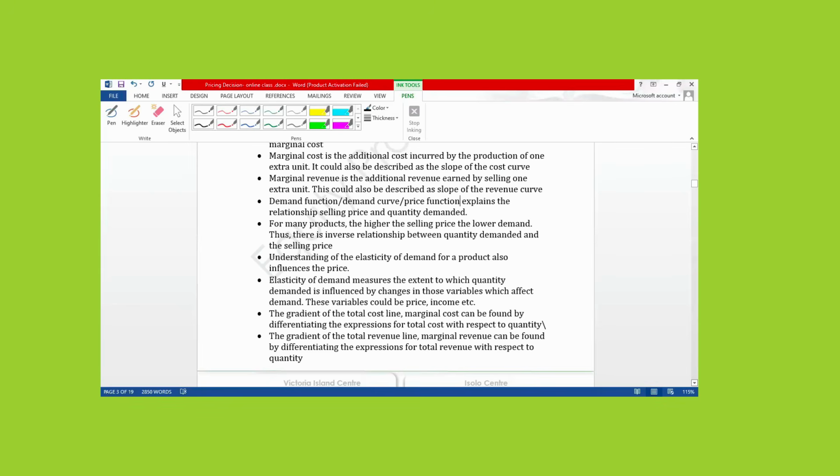Let me repeat that point. Marginal revenue can be derived by differentiating the expression for total revenue with respect to quantity.